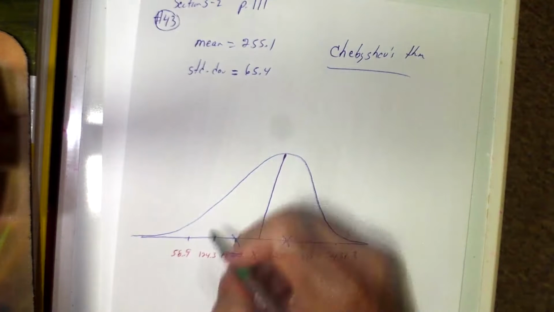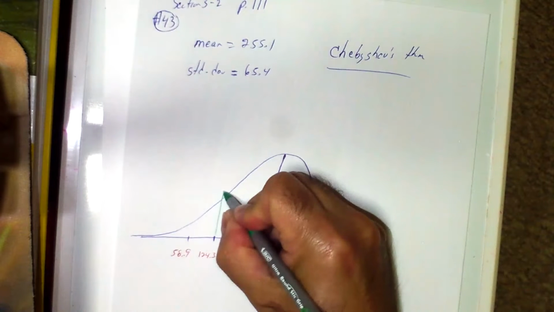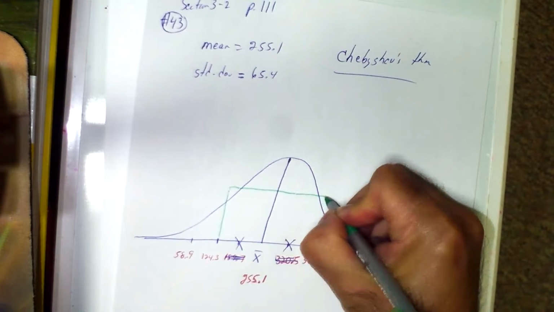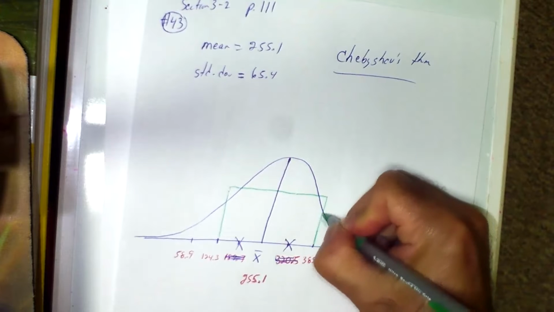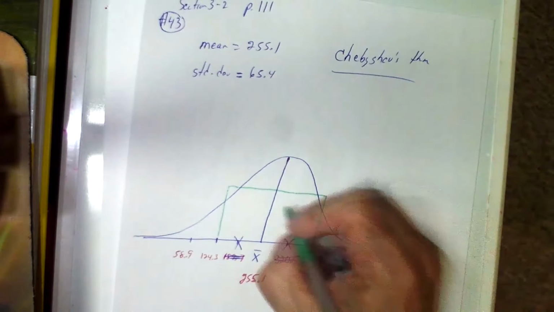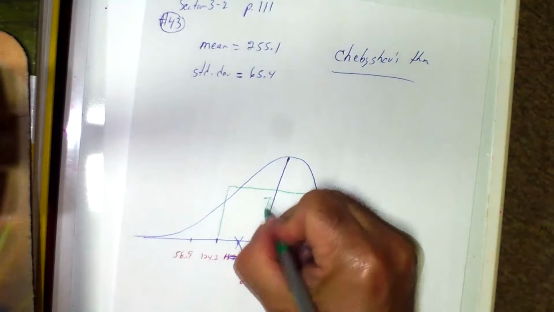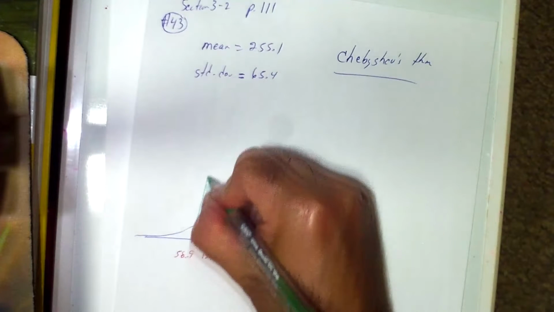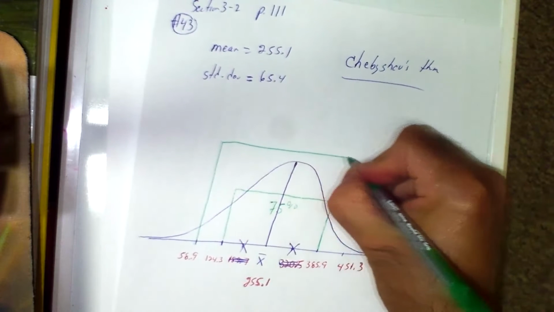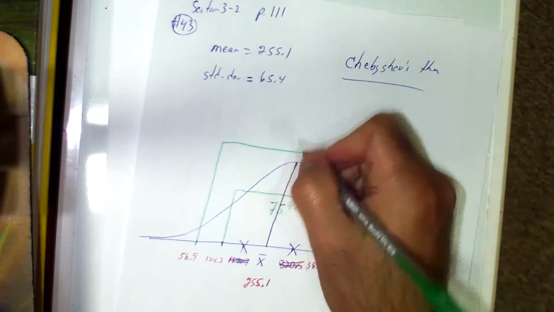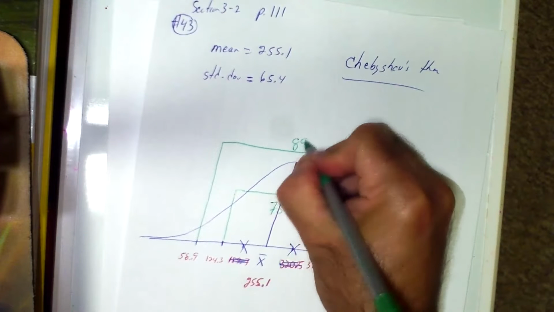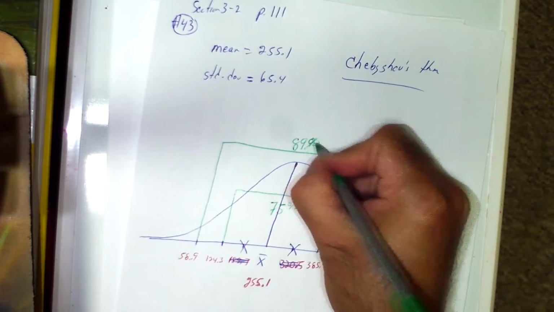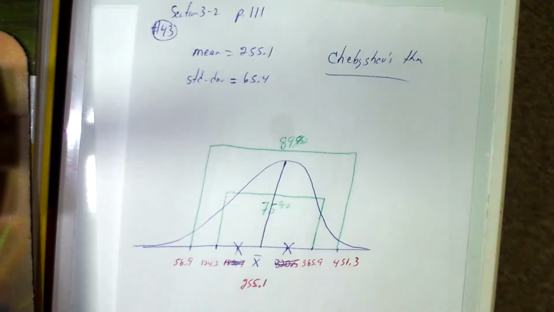So this box from the 124.3 to the 385.9, that percentage was 75%. That's what he believes in. And the other one, with the ends, was the 89. I'm going to put it there, 89%.